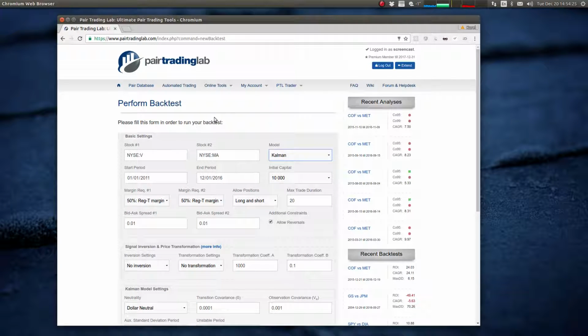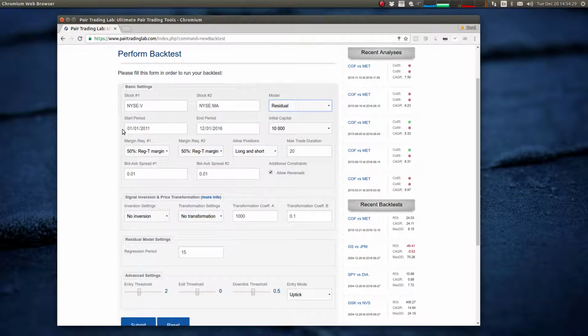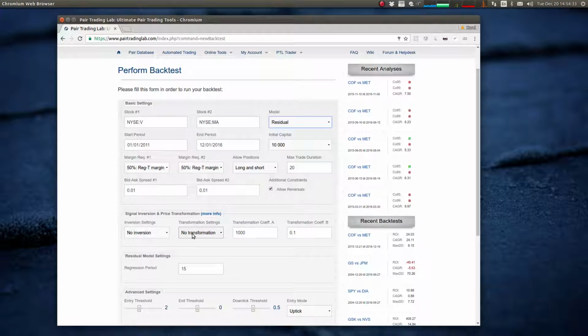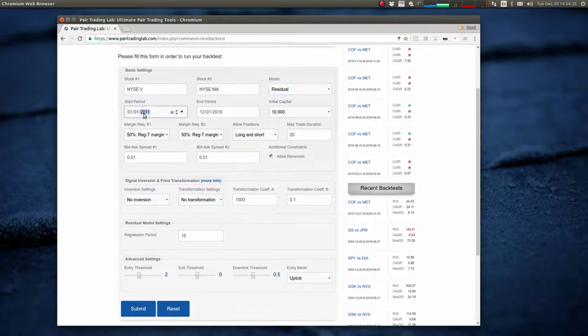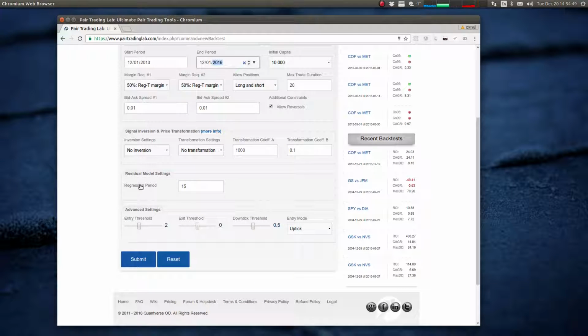So let's first try the residual model with default parameters. Let's keep it for the last 3 years. We can leave the rest of the settings as they are, I think.